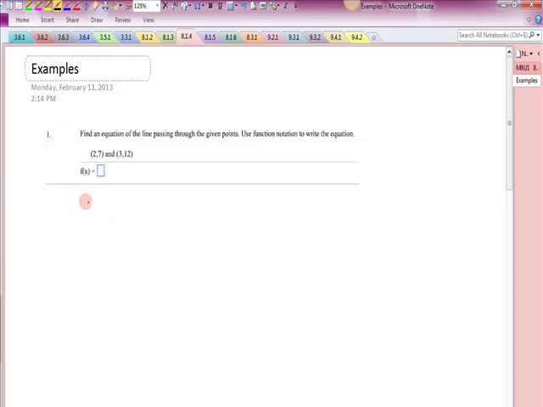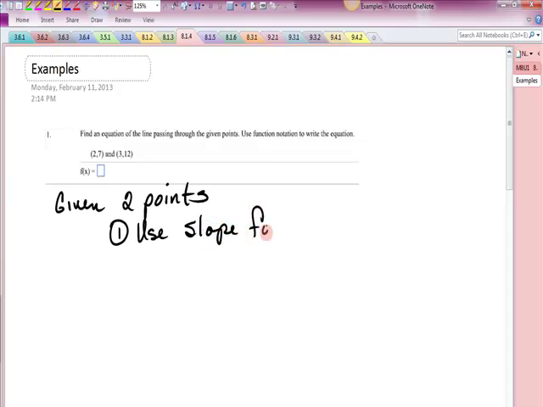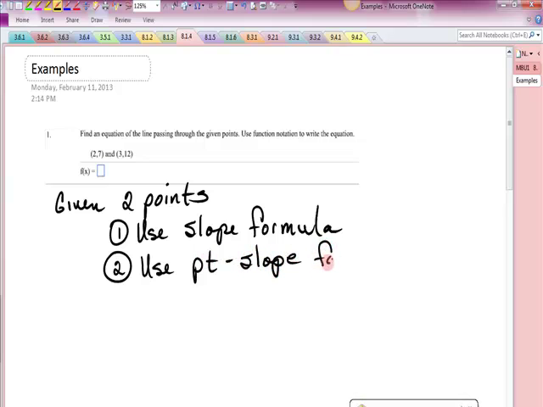All right, in the first problem, you are given 2 points. So if you are given 2 points, you're going to do 2 things. You're going to use the slope formula to calculate the slope, and then you're going to use the point slope formula.